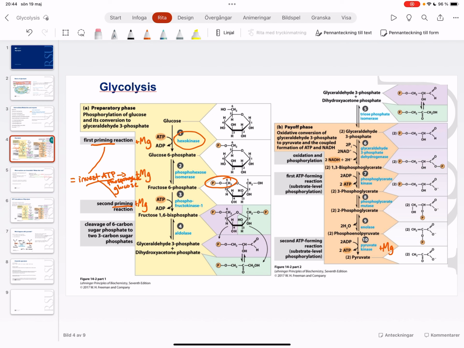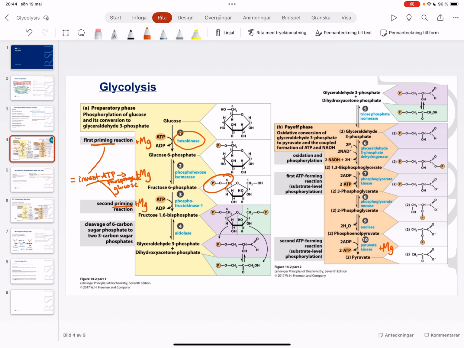This is really important because now, going from fructose 6-phosphate to fructose 1,6-bisphosphate, with one phosphate here and one here, the molecule becomes really symmetrical and we can cleave it, which aids in step number 4, the cleavage of this molecule with the help of aldolase.